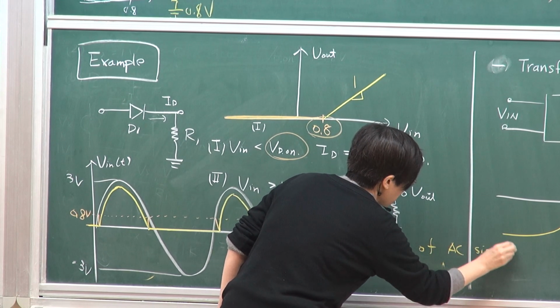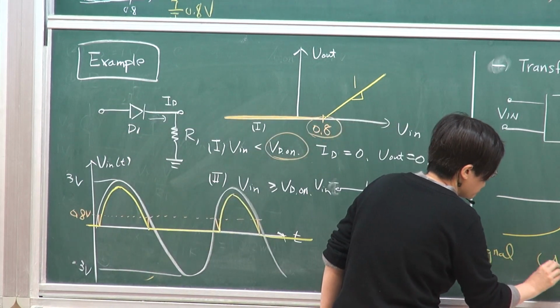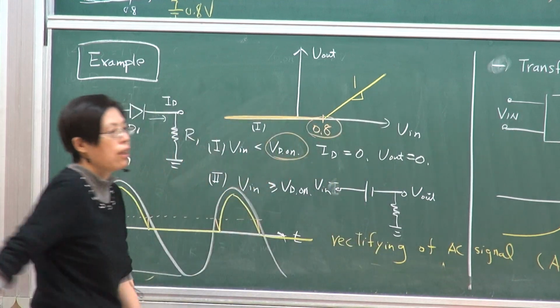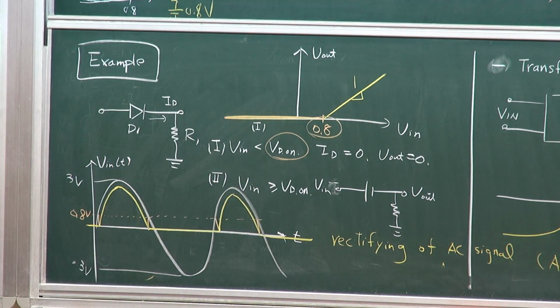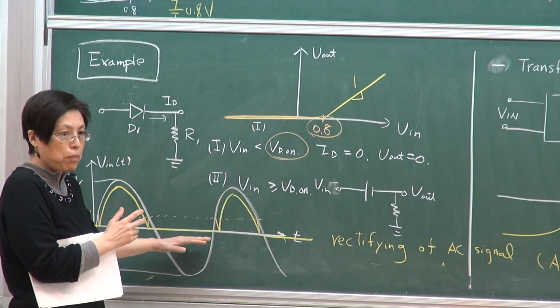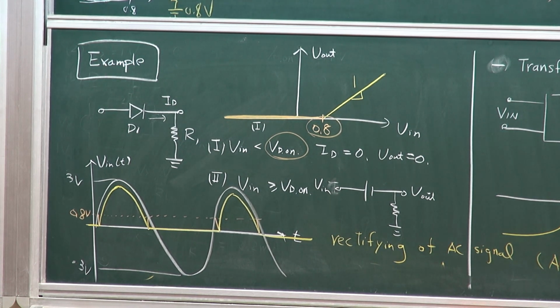So this is actually the first step of turning an AC signal into a DC signal. Of course, you're going to do some flattening of the signal, but you want to make sure only the positive cycle passes. The negative cycles are being blocked. Okay?